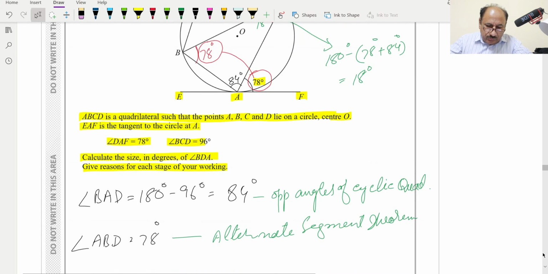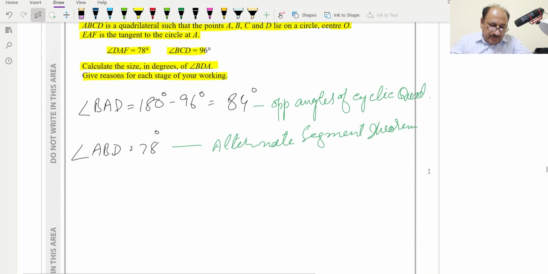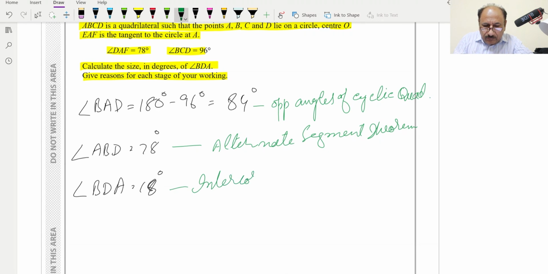How did we reach this? So we can write angle BDA is equal to 18 degrees, and the reason: interior angles of a triangle add up to 180 degrees.